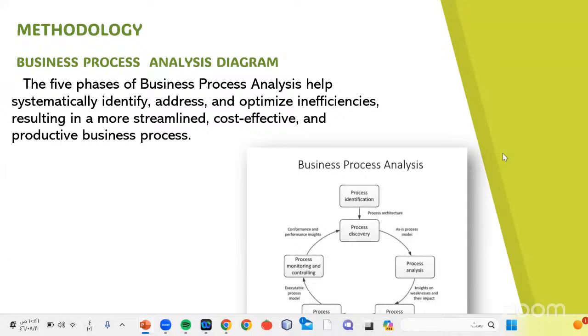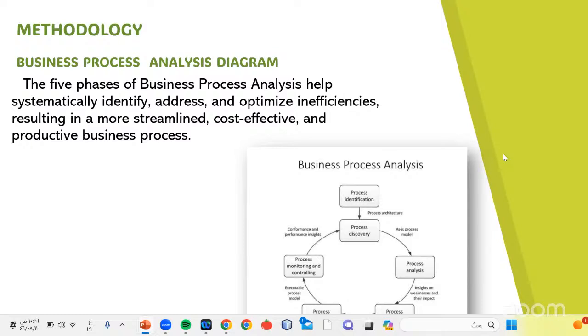Next, we move to process discovery, where we collect information and understand how the process currently works. This is called the as-is process model. After that, we do a process analysis where we define the weaknesses and problems in the current process.